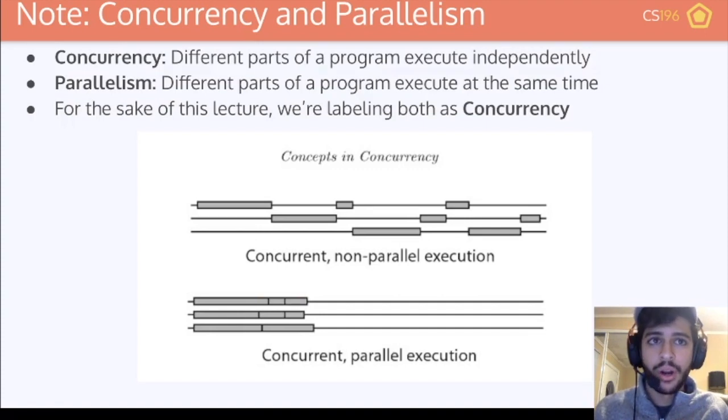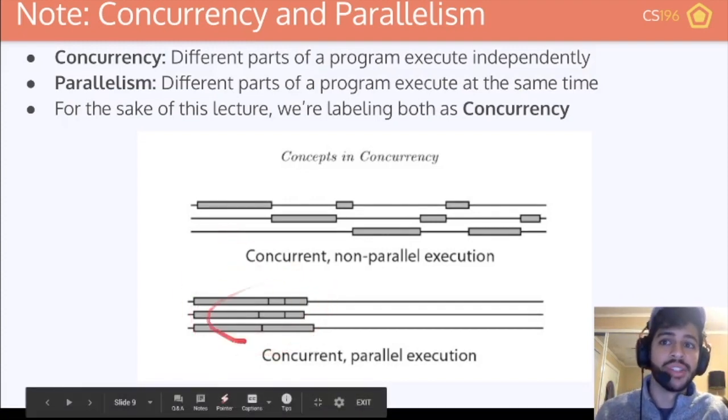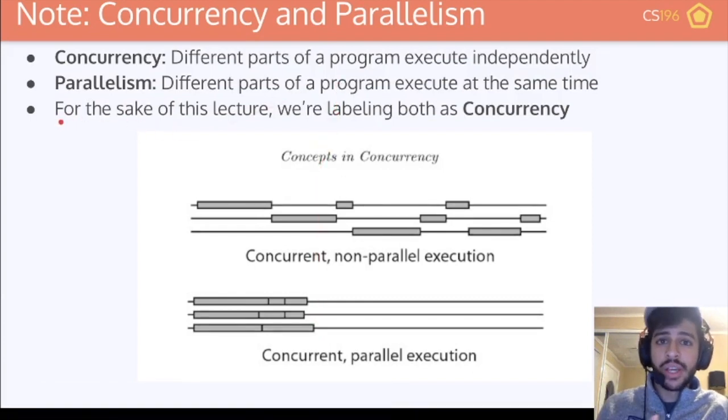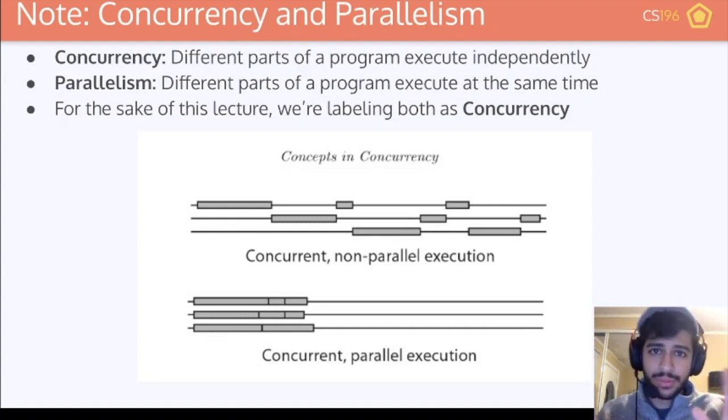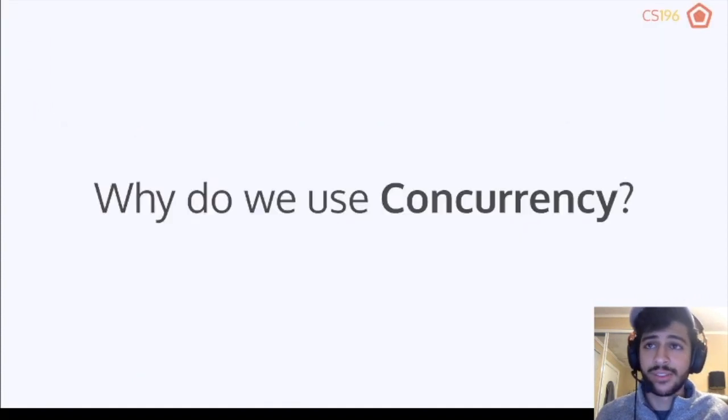That's the important part when we talk about the differences between concurrency and parallelism. Parallelism is when they are all at the very same exact interval of time, like we see in this visual here. But then again, as we said earlier, for the sake of this lecture, both of them are going to be labeled as concurrency. We're not going to be too precise about exactly what type of concurrency or parallelism we're talking about. We're just going to classify them both as concurrency.